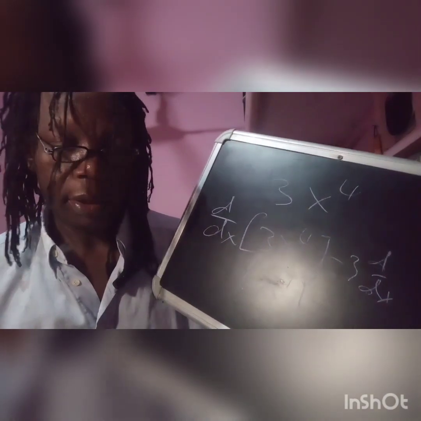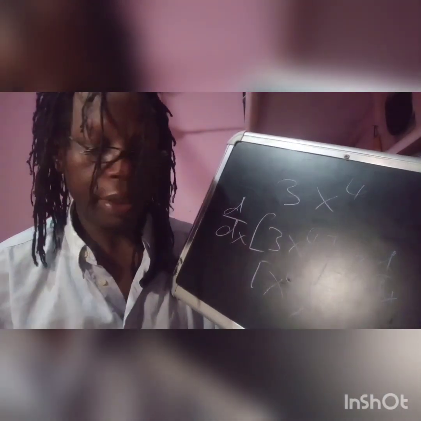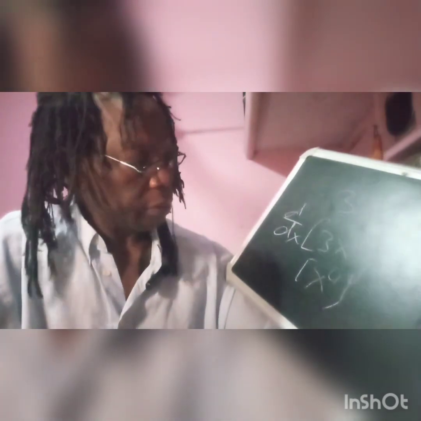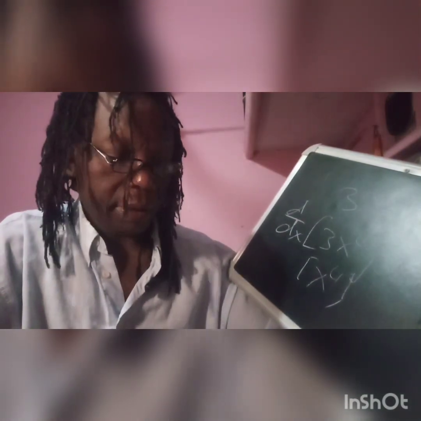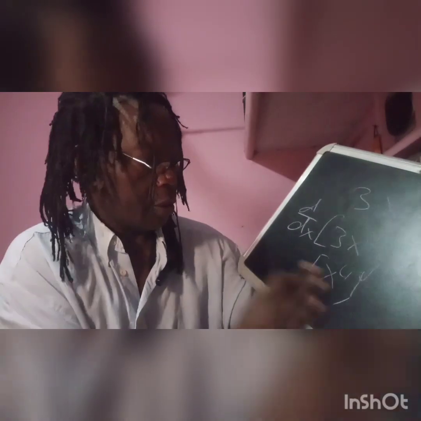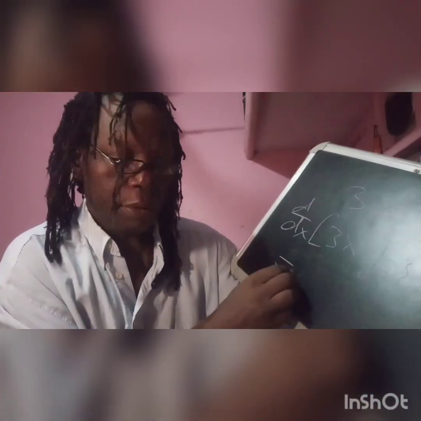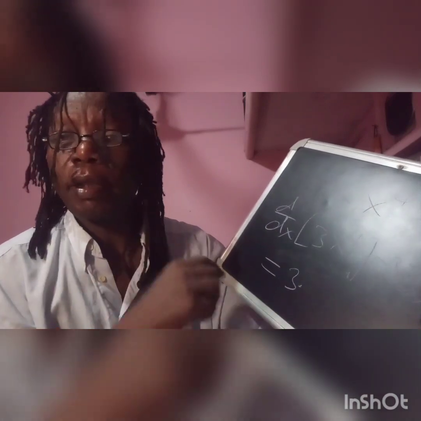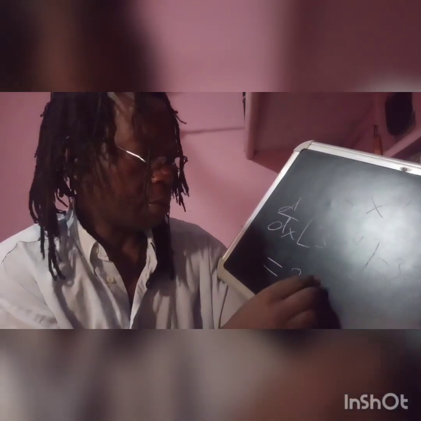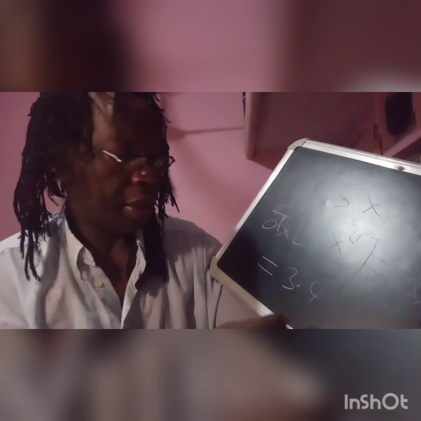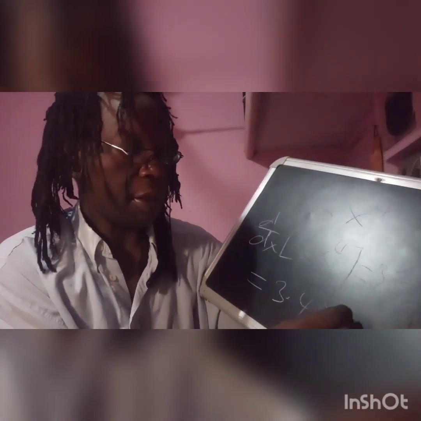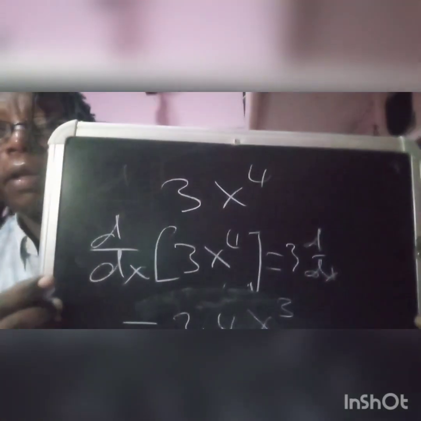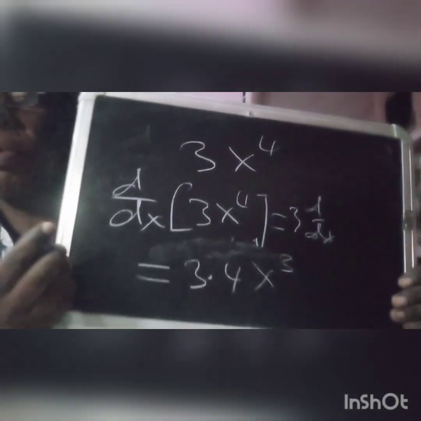So what will happen is that now 4 will come in front. This will be equal to, let me clean this, 3 times 4 which comes in front. You shift it down, then multiply times the coefficient, and then reduce the exponent by 1. You have reduced 4 by 1, so it becomes 3.